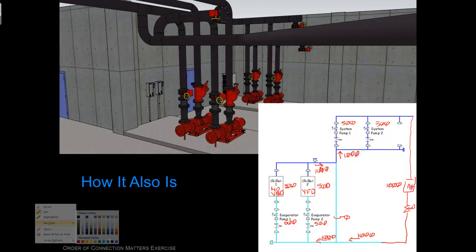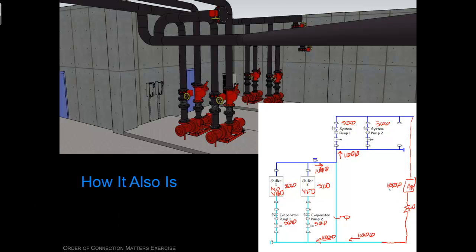So now, let's say we're at 750 GPM required out here at the load. So 750 is coming back to the plant right here.